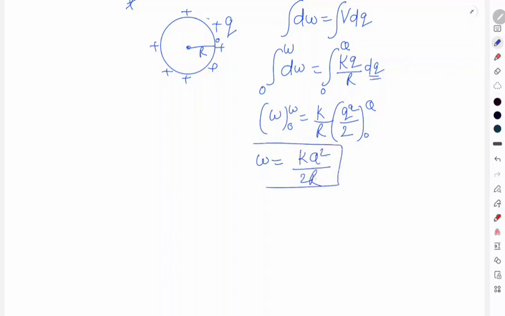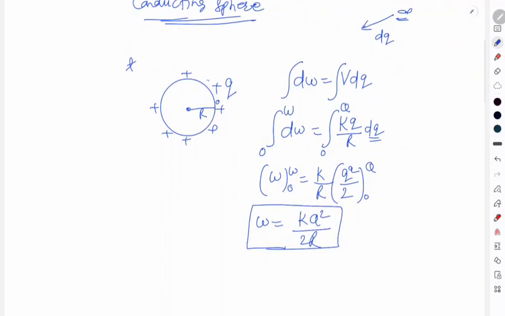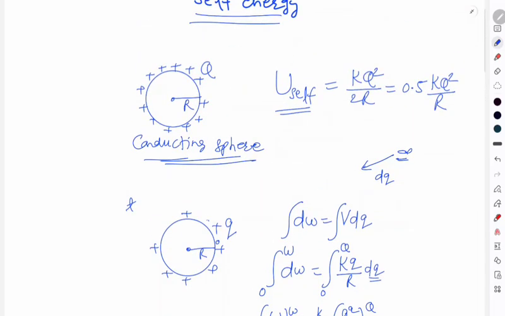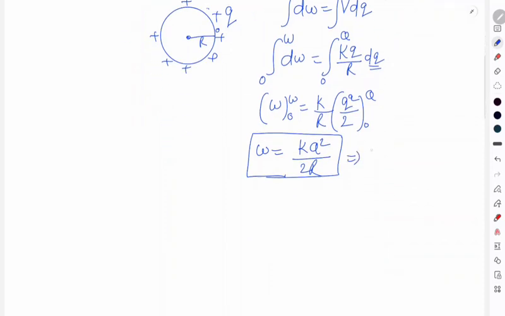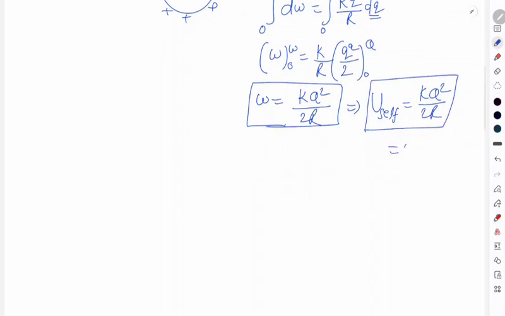So that is the work done to shift the total capital Q charge from infinity to the surface of this sphere, and that is known as the self energy. So U self is kQ square upon 2R, and it is 0.5 kQ square upon R.